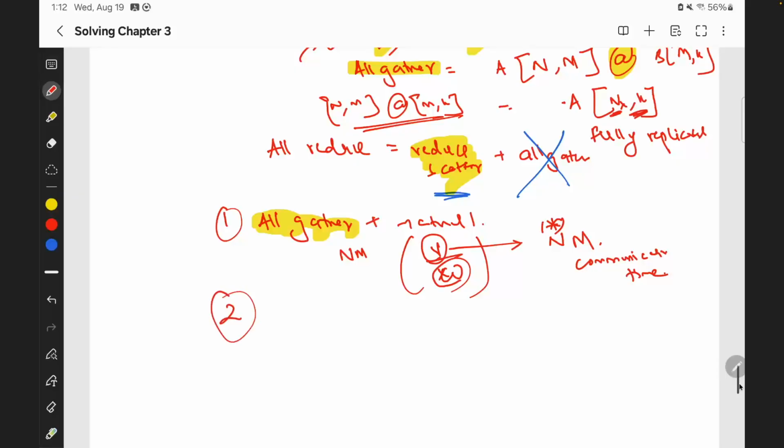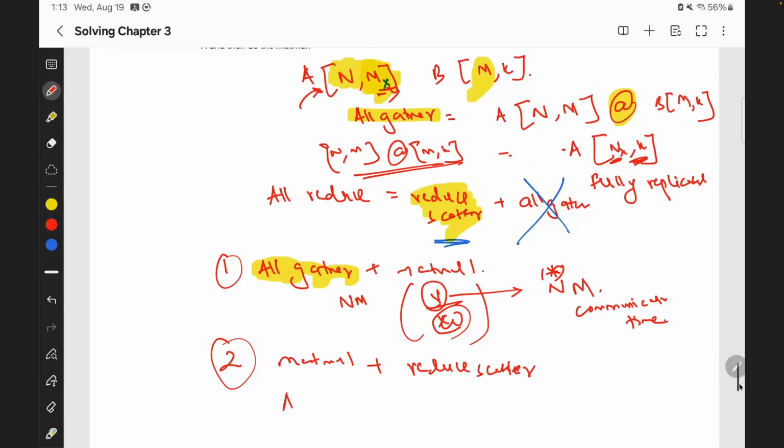The second one is you do a matmul, but instead of all reduce, you just do a reduce scatter. So you have n comma mx and m comma k. This gives you a partial result of n comma k.